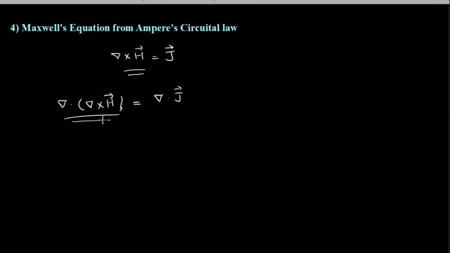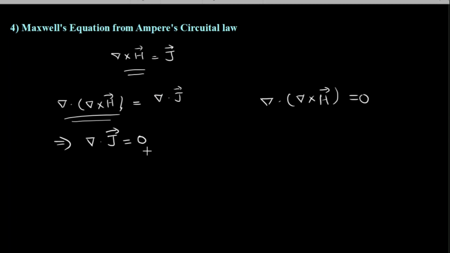So divergence of curl of any vector, here the H vector, is going to be 0. This directly indicates that del dot J has to be 0. That's why I told you we are going to get something interesting, just by finding divergence on both sides. This is telling me that del dot J equal to 0.